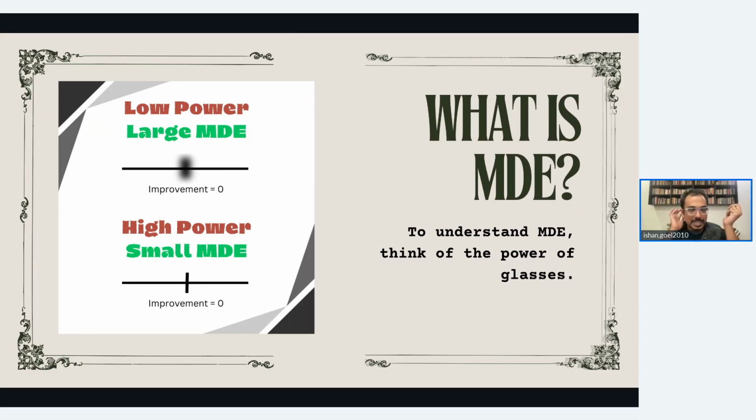This is precisely the thing with MDEs as well: the minimum detectable effect is directly derived out of the power that you are allocating to the test, which is sort of like how many visitors you are giving to the test. So if you are giving more visitors to the test, then you get a sharper vision, you have a high power, and you are able to detect differences very close to zero also.